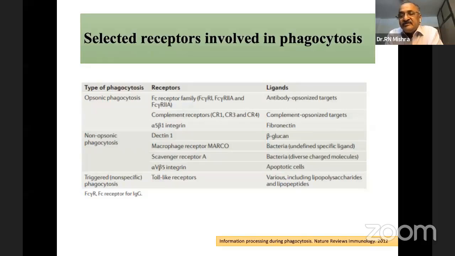The second drug available for targeted therapy is called belimumab, which is against the BAFF protein, which is a stimulator for B cells.